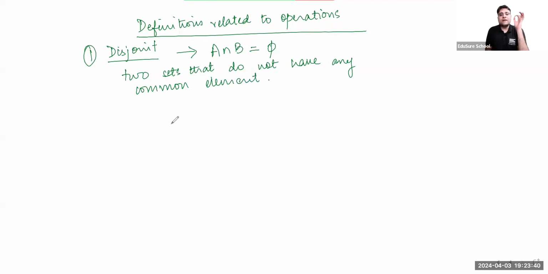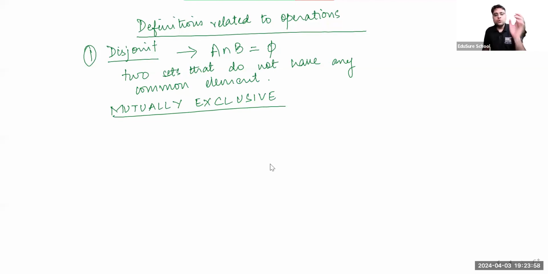Two sets that don't have any common element. They are also called mutually exclusive. Sets that are disjoint are also called mutually exclusive.